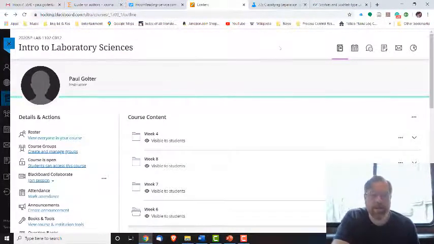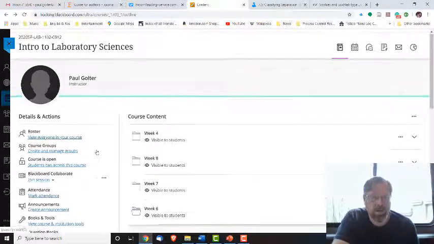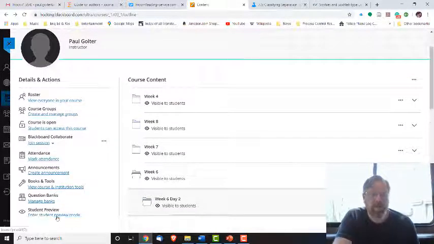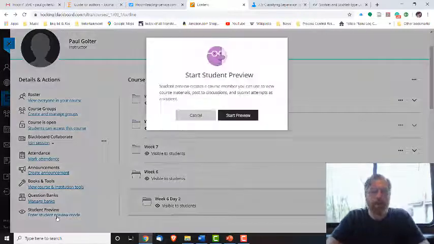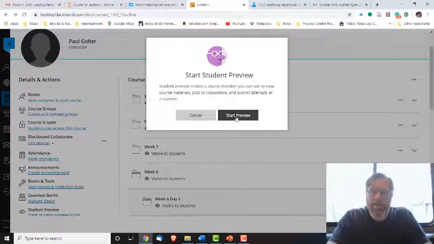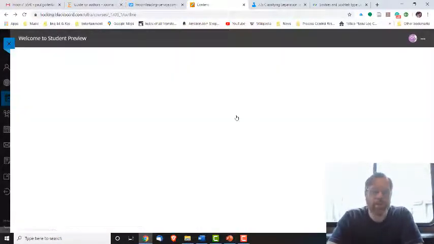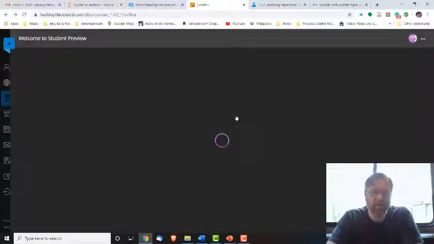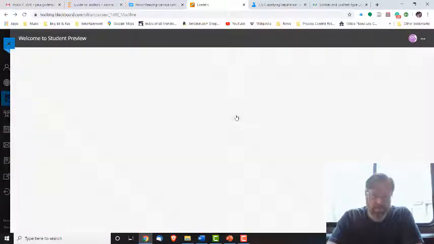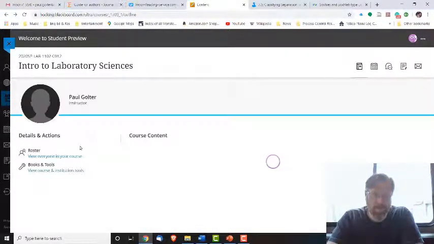So let me get to student preview mode, so I'm seeing some things the same way you will. Start preview. It'll just take a minute or two to load here. Okay, still loading.